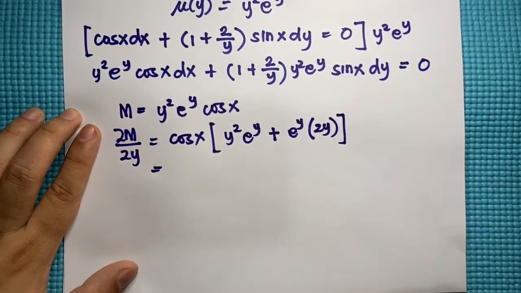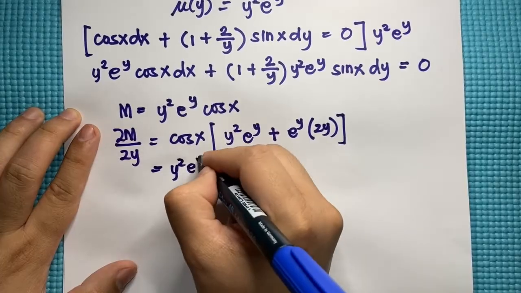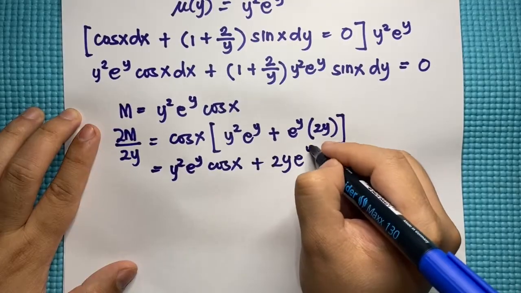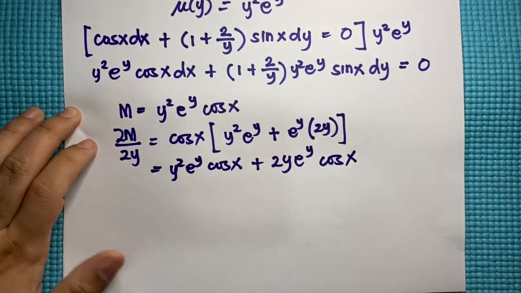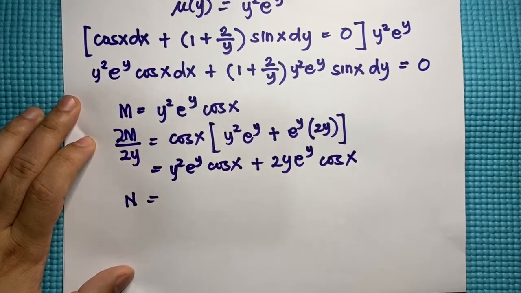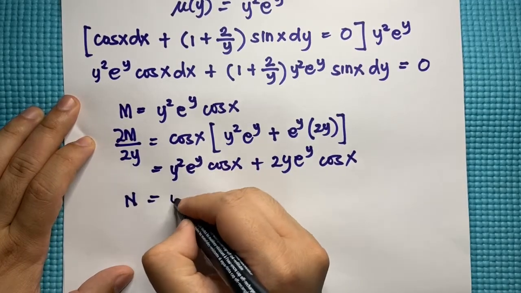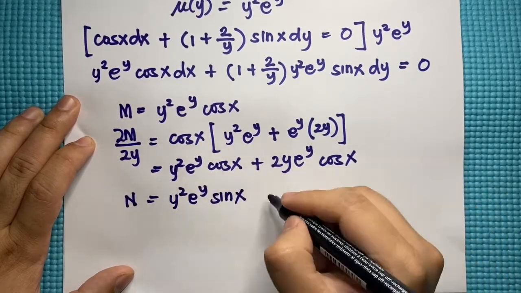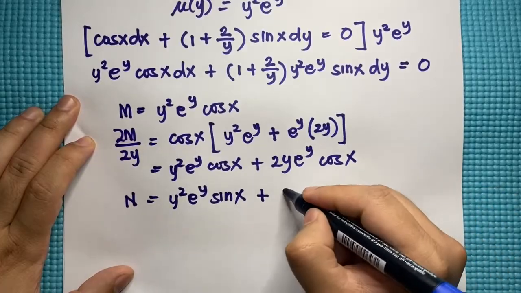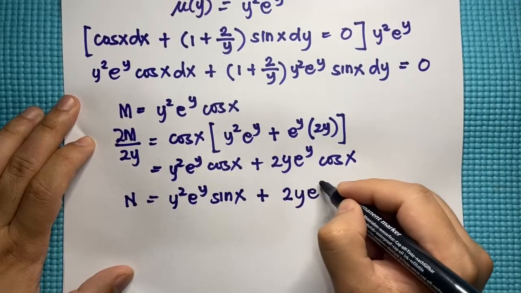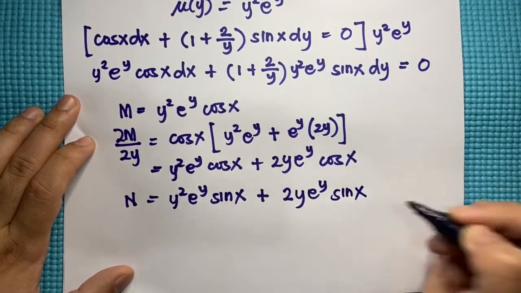So giving us y squared e raised to y cosine x plus 2y e raised to y cosine x. So for our N, we'll be distributing: we'll have y squared e raised to y sine x, then plus 2. So y squared over y would be y, so e raised to y sine x.